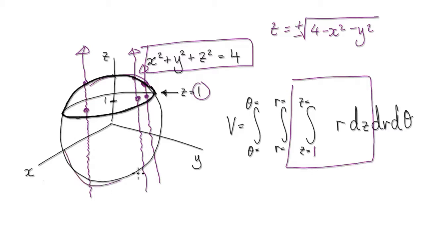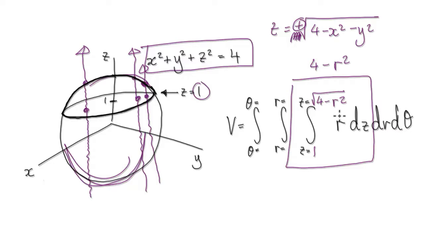You don't really care about the negative version; you're really interested in the positive version. That equals root 4 minus r squared in cylindrical form. So it's really us integrating from z equals 1 to z equals root 4 minus r squared.